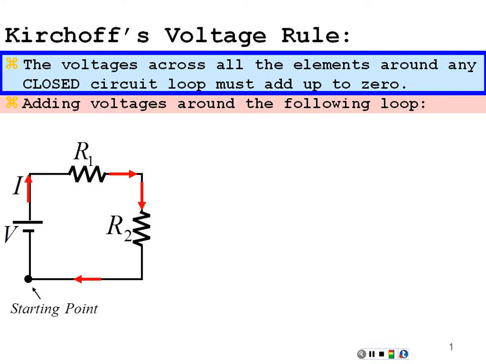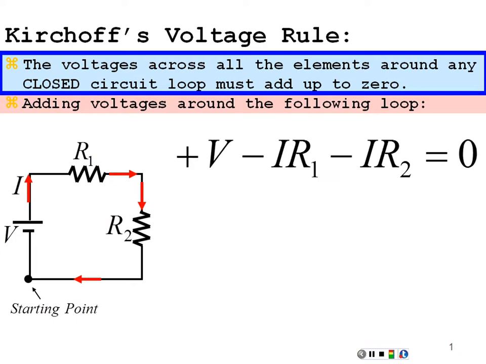So if I were to describe going around this circuit, I could say that I have a positive voltage for the battery, a potential drop across resistor 1, which is by Ohm's law, current times resistance 1, and another drop across resistor 2 by Ohm's law, which is V equals IR, current times resistor 2. And I get back to my starting point, that should equal 0. Sounds good.